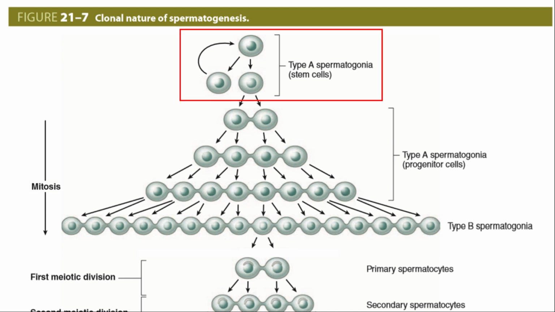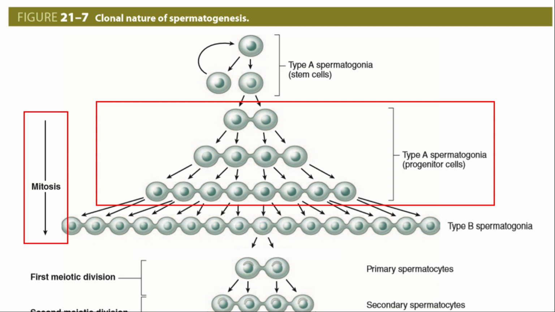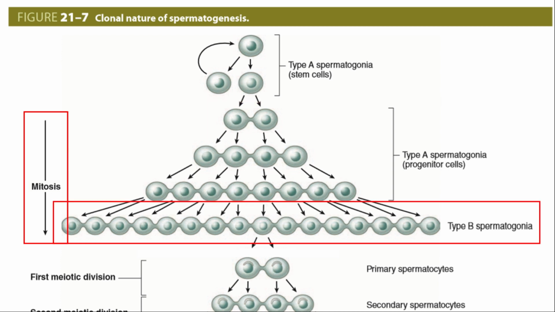Okay, ulit. The spermatogonia produce two cells. One of the daughter cells will replenish the stem cell pool, and then the other goes through a series of mitotic divisions to produce the type A spermatogonia na progenitor cells, which in turn also undergo mitosis to produce the type B spermatogonia. The type B spermatogonia will undergo mitosis again. Again ha, mitosis pa rin.